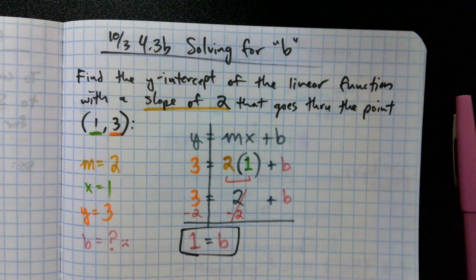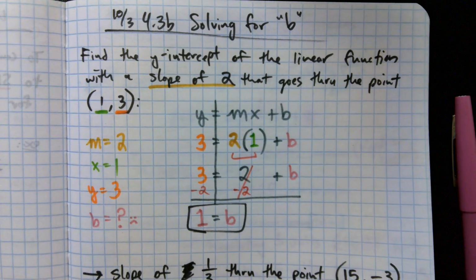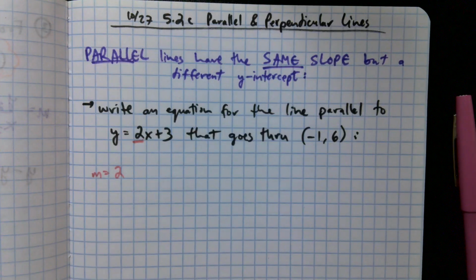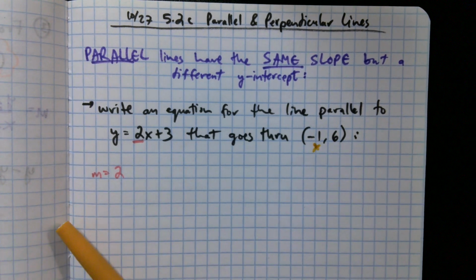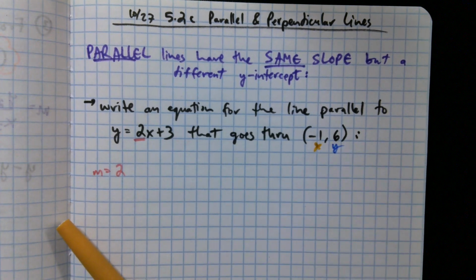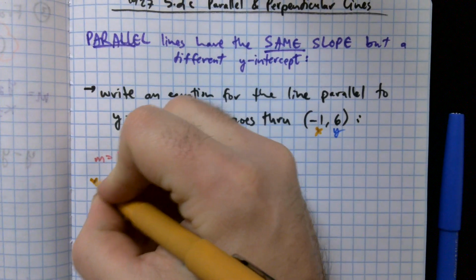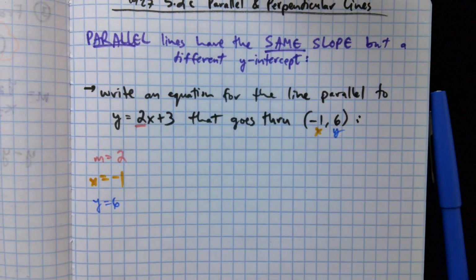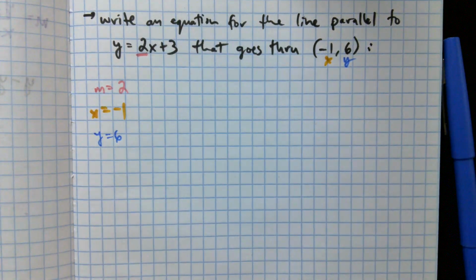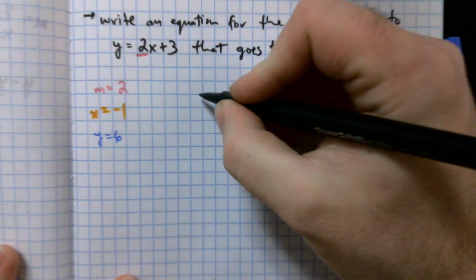What did we do when we were solving for b? That's right. We plug in an x and a y, which thankfully this problem gives us. X is -1. Y is equal to 6. And I can plug it in.